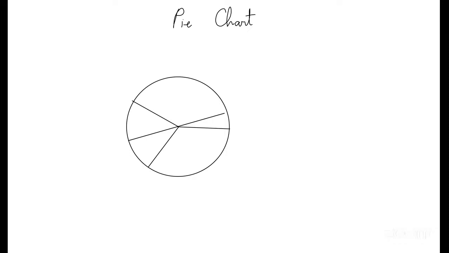Okay, can you see the 5 parts of this circle? Yes, ma'am. So this shows the number of forests in 5 states.